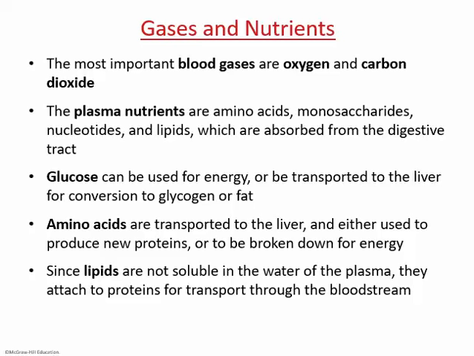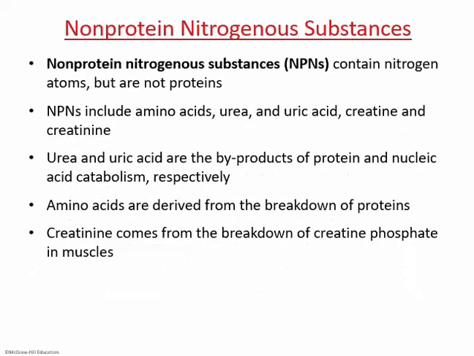There's a whole bunch of nutrients. So all the amino acids, all the sugars, so when blood sugar, that kind of thing. Lipids, so the fats transport in here attached to some proteins, the transport proteins, the alpha and beta globulins. There are also some waste products, and the ones that we care most about are the nitrogenous waste products.